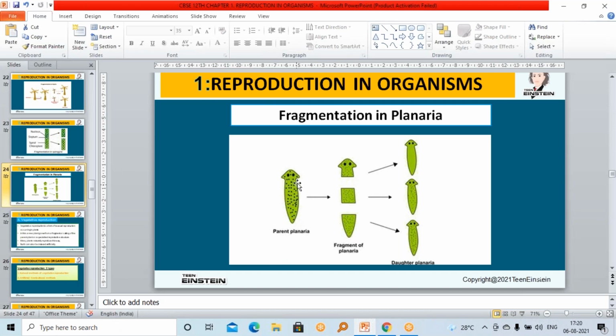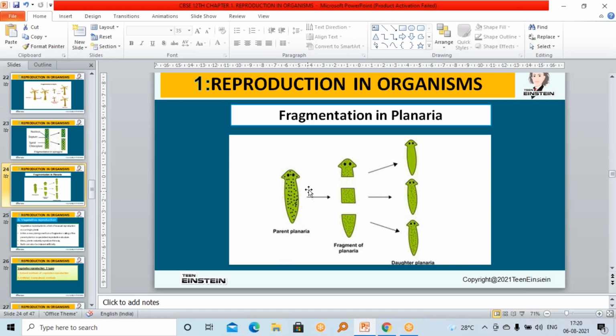So in the picture you can see the fragmentation method. How does fragmentation begin? Usually it starts with a transverse constriction. In the body of the parent planaria, transverse constrictions will form.